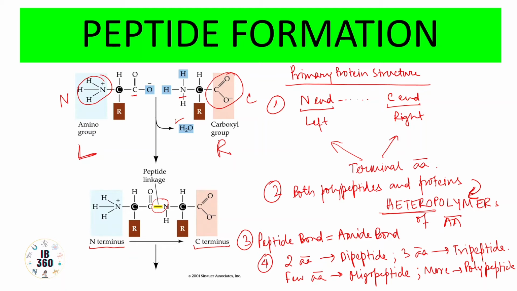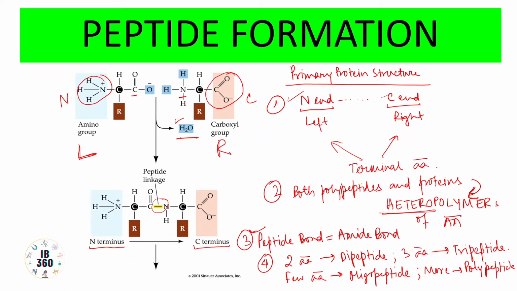So this is the concept of polypeptides. Okay, there would be an amide bond or a peptide bond between the individual amino acids, and that will involve elimination of water molecules, so the process will be a condensation process. They will definitely have an N end and a C end, and polypeptides are heteropolymers of amino acids.